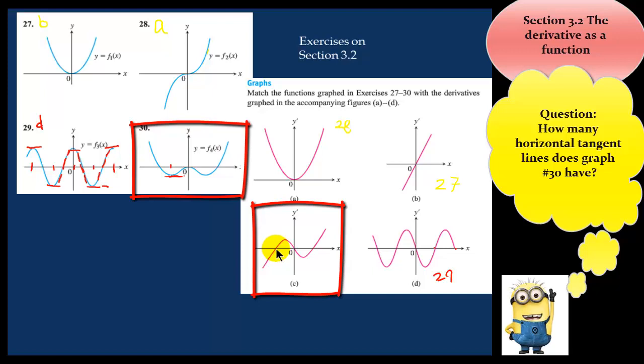The y coordinate is 0. So that corresponds to the slope. And then from here on up to 0, the slopes are all positive. So from here to 0, the y values of the derivative function are positive.